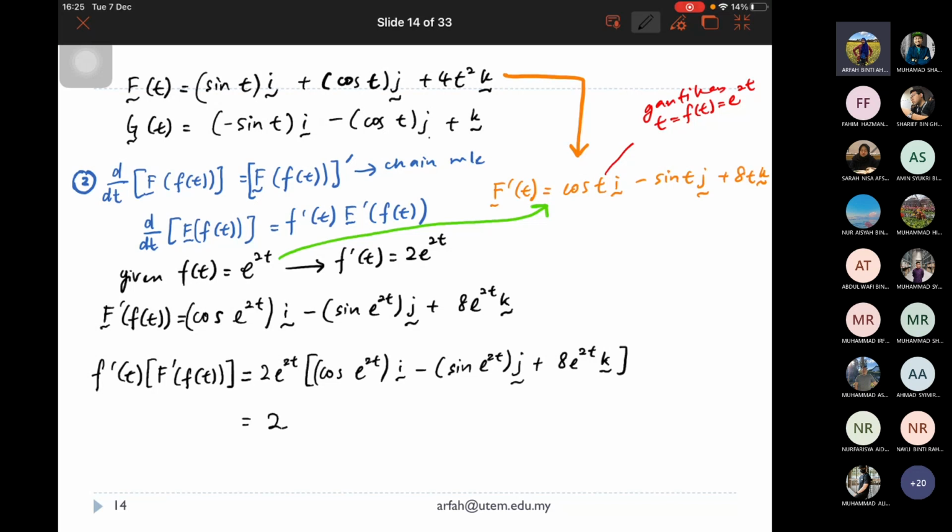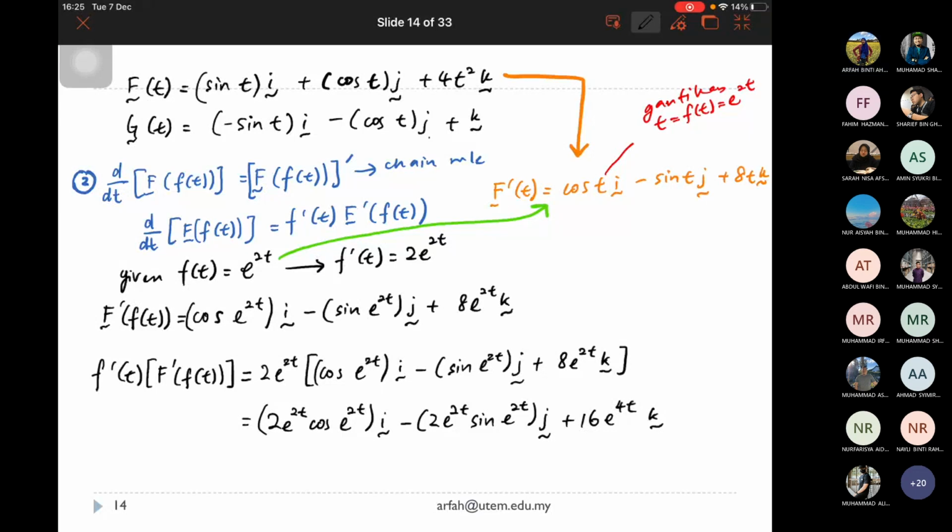So dia akan jadi 2 eksponensial 2t cos eksponensial 2t i tolak dengan 2 eksponensial 2t sin eksponensial 2t j tambah 16 eksponensial 4t k. Okay. So itu adalah dia punya jawapan akhir.